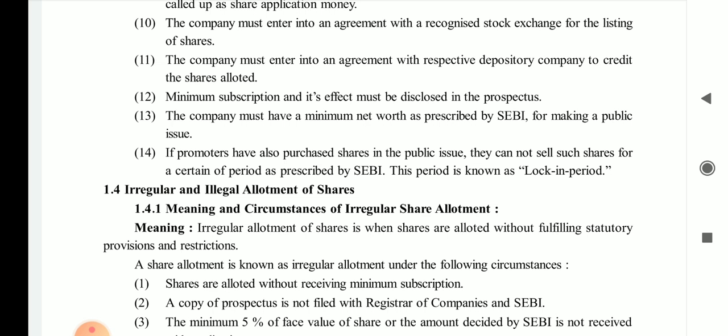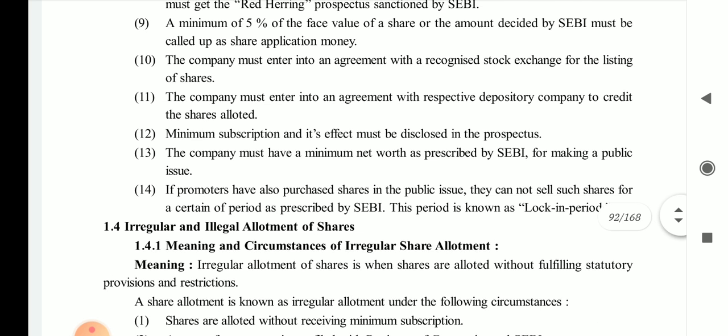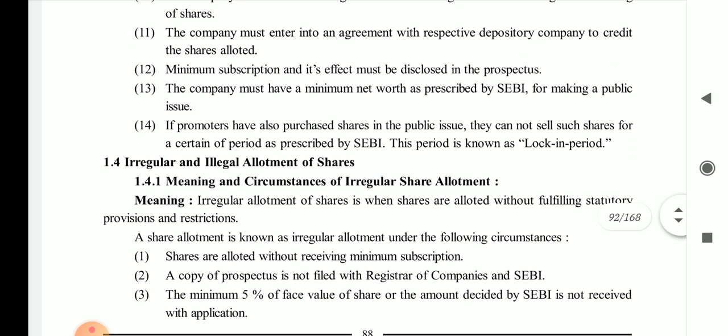Say, for example, if I have decided that my company's share will be of 1 lakh rupees and 90% should be collected as minimum subscription, that is 90,000 rupees. 90,000 must be collected. If 90,000 is not collected, I cannot commence my business. See, this is the effect if minimum subscription is not collected. So I have to mention it very clearly in the prospectus.